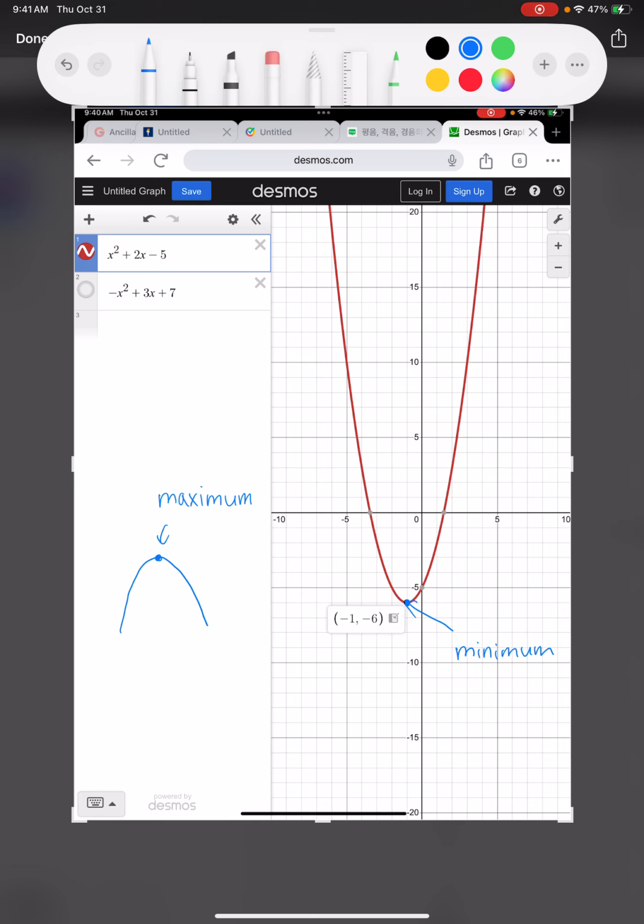And when you have a vertex, we can draw a line that goes through that vertex point, and this line is called the line of symmetry.